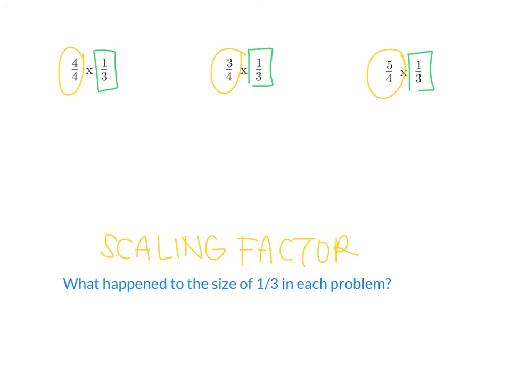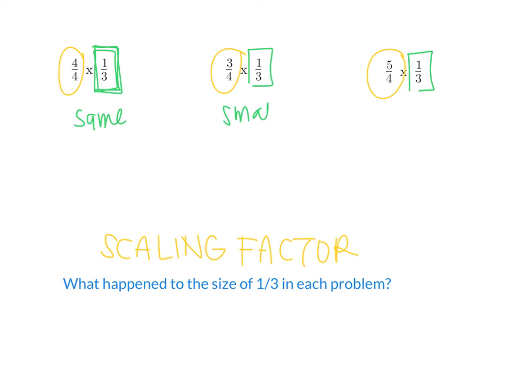So look, before we even multiply, let's predict. If I have 4/4 times 1/3, do you think the 4/4, the scaling factor, is going to make 1/3 bigger, smaller, or stay the same? What about in this next one? 3/4 times 1/3. Do you think 1/3 will get bigger, smaller, or stay the same? Smaller.